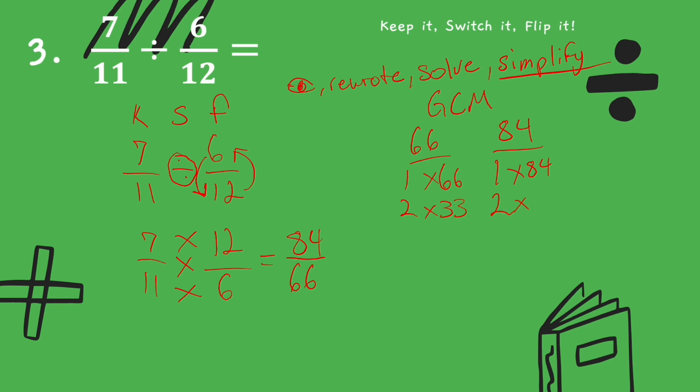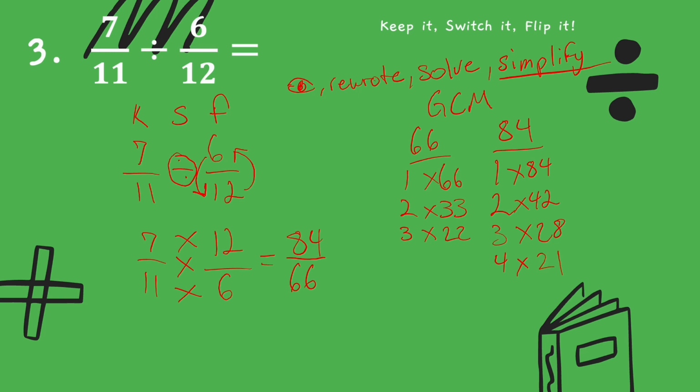And 2 times 42 is 84. Moving on to 3's. I know that 3 multiplied by 22 is 66. And 3 times 28 is 84. 66 doesn't have a multiple of 4, but 84 does, and that's 4 times 21.